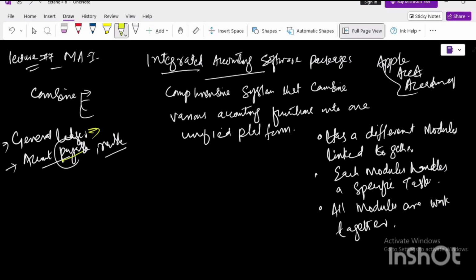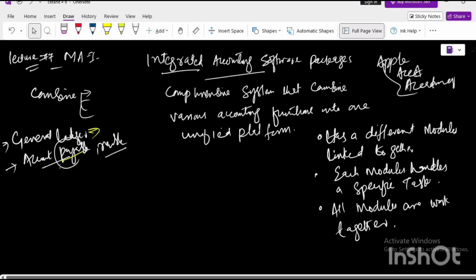And inventory management just monitors stock level and movement. The modules are interconnected, ensuring that the data entered in one module updates relevant information across the system. Now let's talk about the main features.